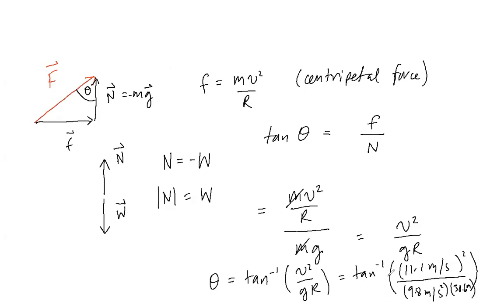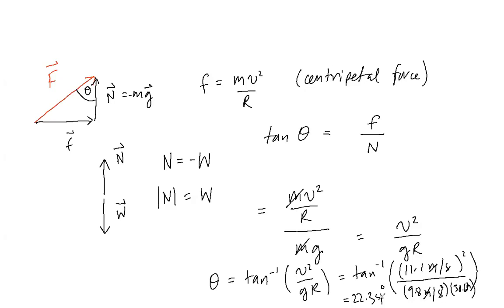Okay, so we've got meters squared per second squared up top, and meters squared per second squared below, so the units cancel. And so you do this and you get 22.34 degrees. And so that is that.